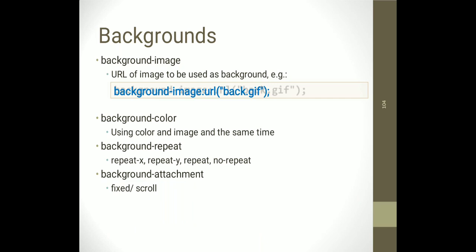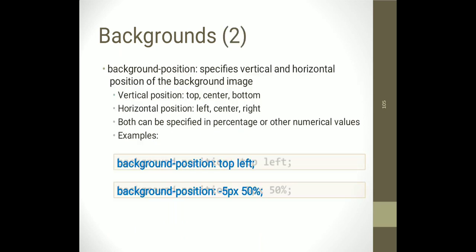Then the backgrounds. We have seen how to use background image with the CSS text. For that we need to define background-image colon URL, and whatever text or picture you want to display, its name should be given.